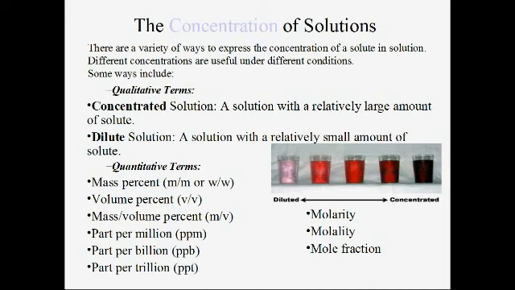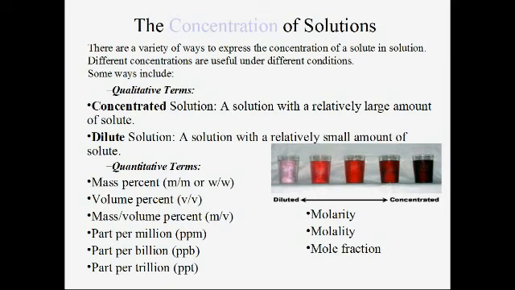If we use the wrong concentration for our IV solution, we can cause our blood cells, or red blood cells, to shrivel up or burst. So we have to be able to specify the concentration of a solution in a way that's appropriate and precise.